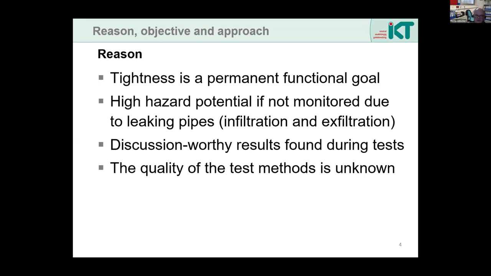We made certain tests on the repair of lateral pipes with shortliners at IKT's large format test stand, and got discussion-worthy results when we tested the results of the repairs. And at the end, we thought at this moment that the quality of the test methods is not so good or unknown. They are not the best.